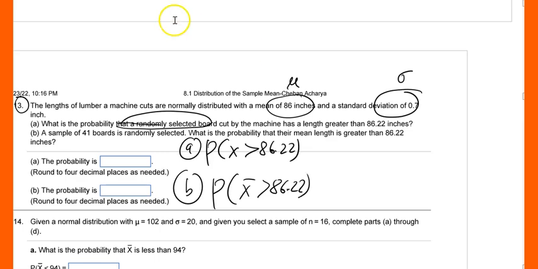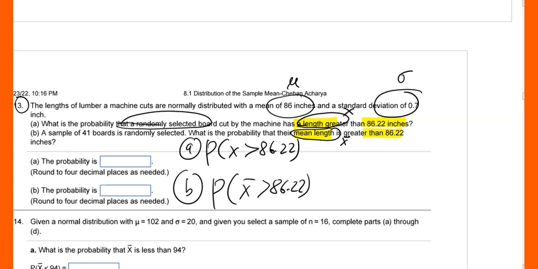You guys see the difference here? We use X here because this X comes from the population. This is the sample mean. See, what is the probability that their mean length, the mean length greater than; here, all length greater than, all length is X, here mean length is what? X bar.